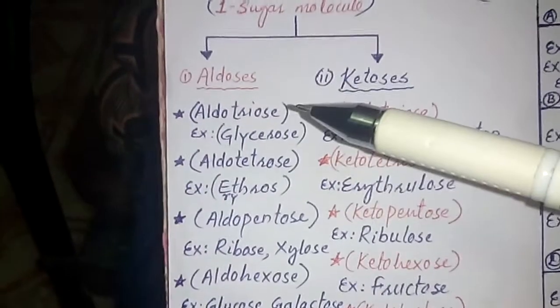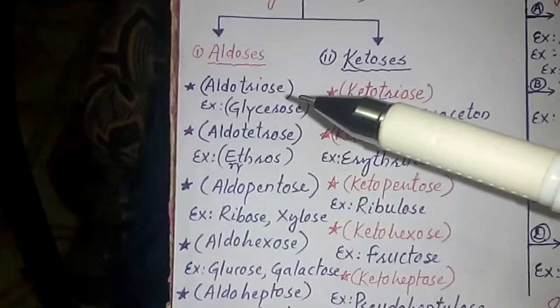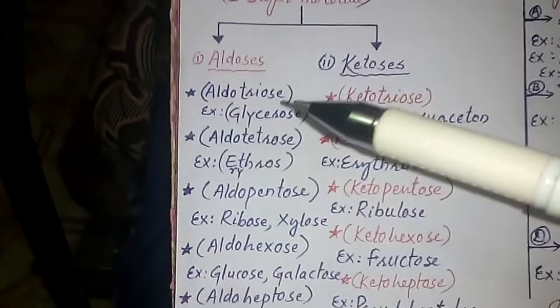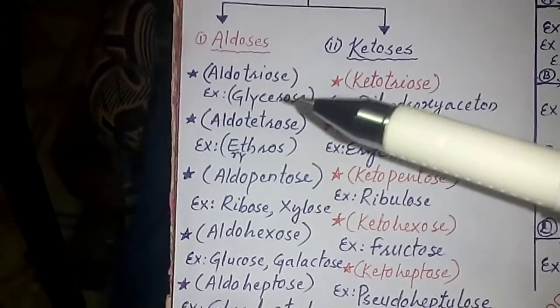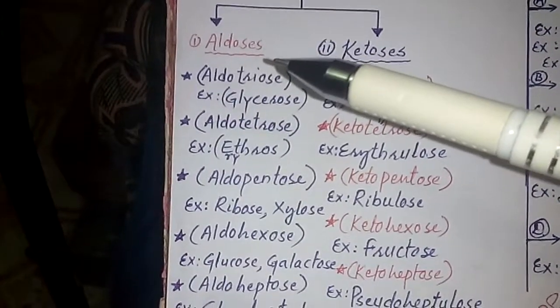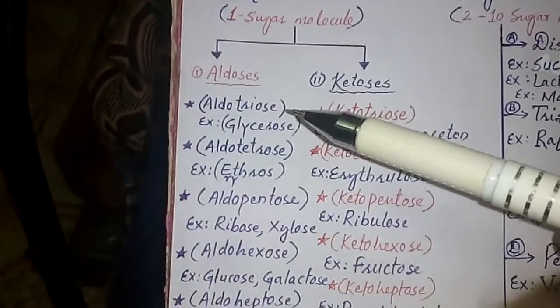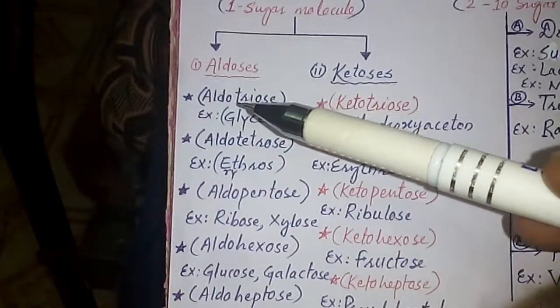On the basis of number of carbon atoms, aldoses are also divided into the following classes.